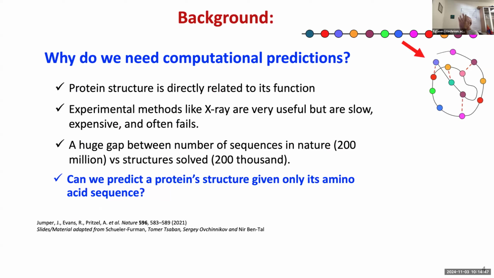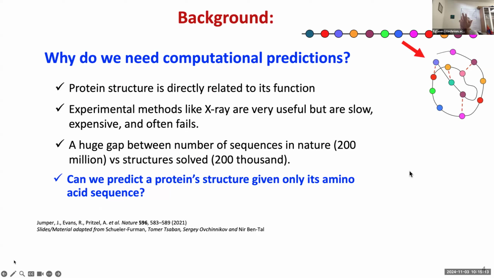Because you could think that we could use experimental methods like X-rays, but they are slow, expensive, and not always successful. So with time, a huge gap has appeared between the number of sequences known in nature, about 200 million today, versus the number of solved structures, a little bit more than 200,000.